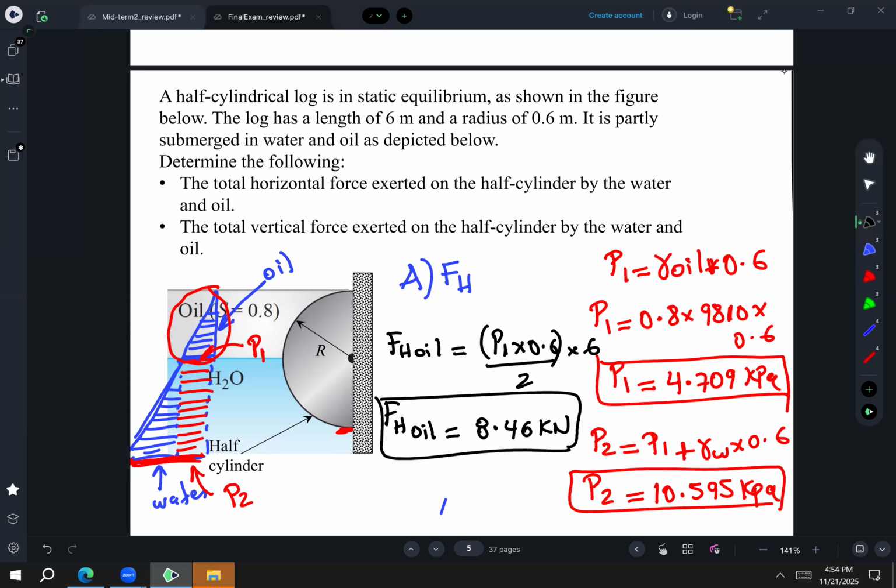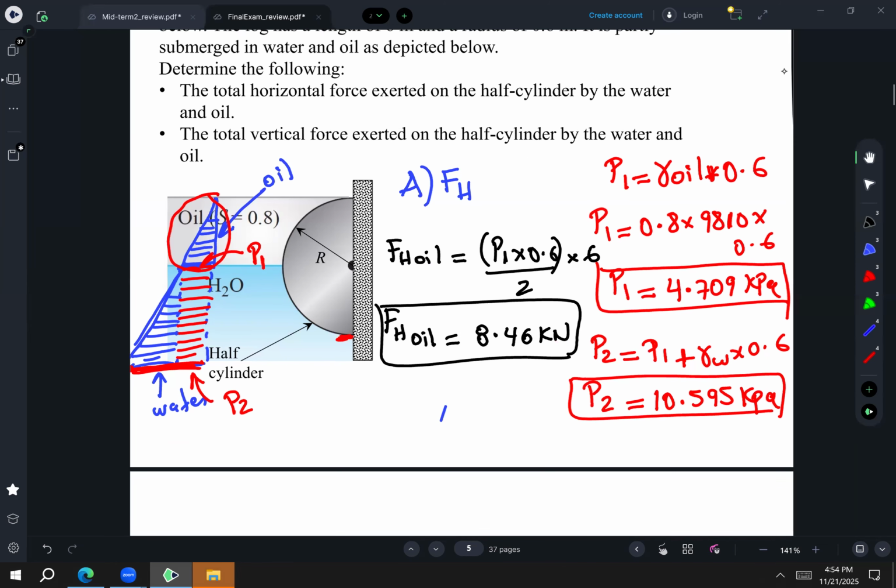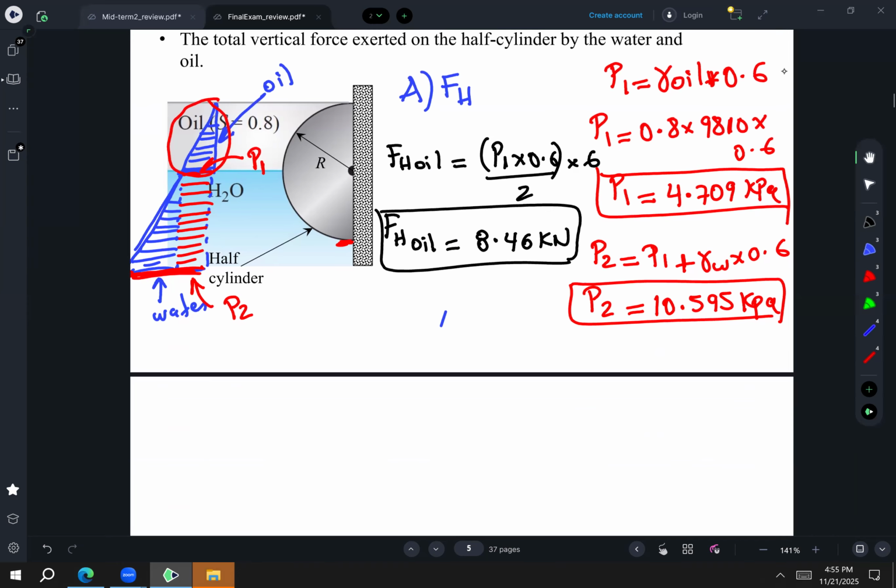Okay. What about the horizontal force due to the water? So let's do now the horizontal force due to the water, which is going to be all of this. Let me write it down here.